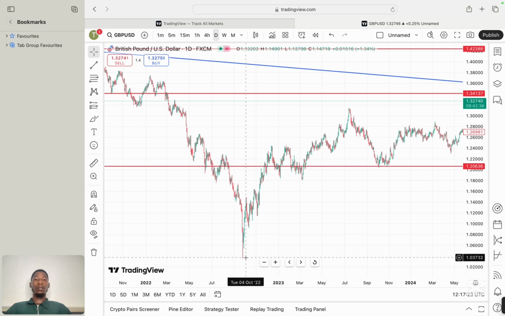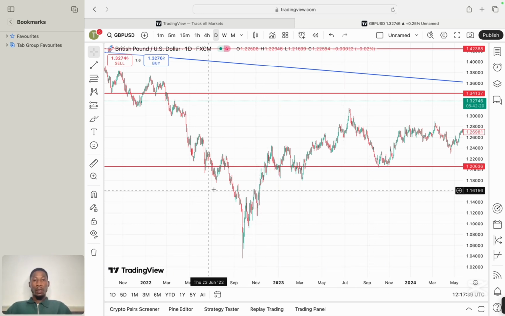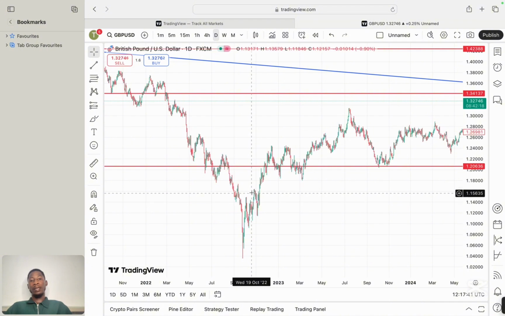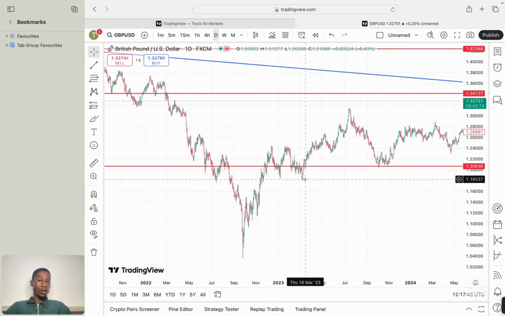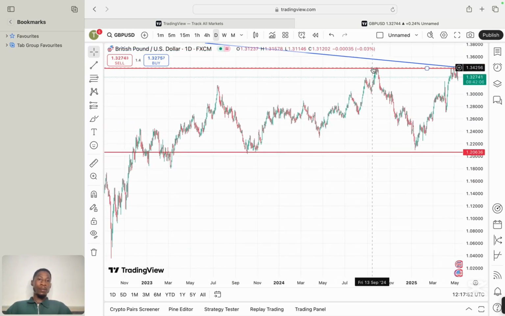This means there is a break of structure in the market. Ideally, because the market was making lower lows here, it should have continued making lower lows going down, but it made a lower low here and it started making higher highs here. It made a higher high, it made a lower high, it made a higher high here, it made a lower high, and a higher high and a lower.